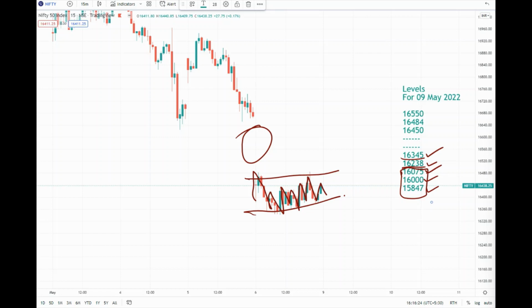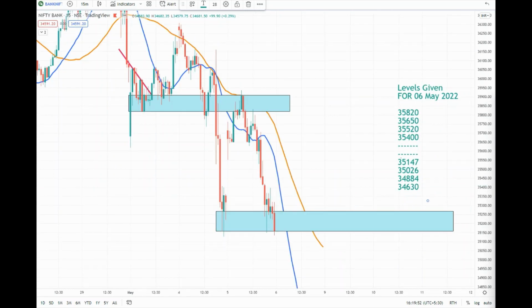So the immediate levels that we'll be looking for tomorrow are 16,345 and then 16,238. On the upside, 16,450, 484 and 550. Even if there is any sideways move, you may see a bounce.